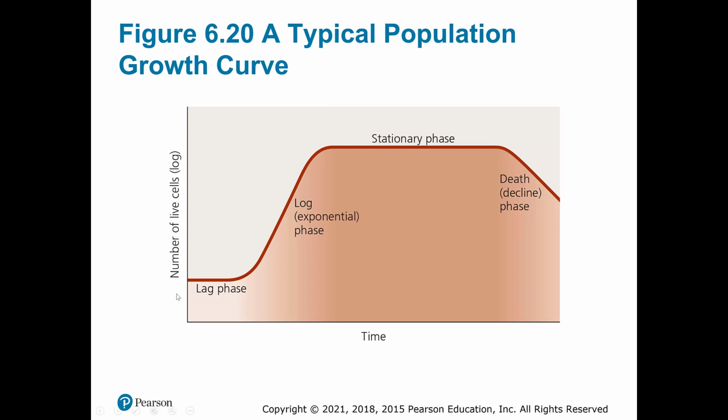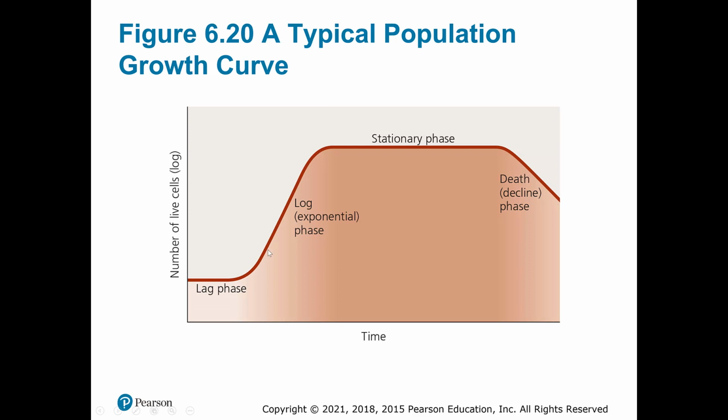So when you first inoculate a sterile broth, you don't immediately see an increase in cells yet, because the cells are still getting used to their new environment. They're absorbing their nutrients, starting to metabolize and grow, but they have not yet divided. That is called the lag phase, and that's going to be flat because we have not increased any cells.